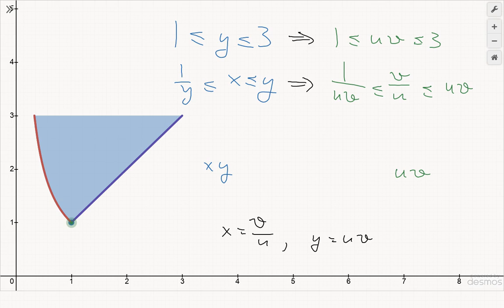But now we need to work a little bit more with these. So the second set of inequalities, let's handle these separately.